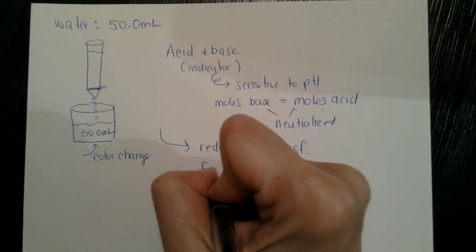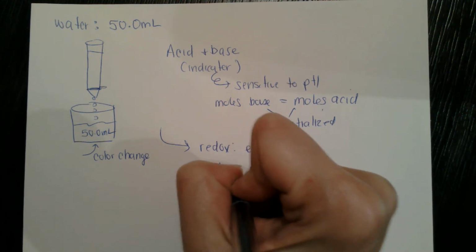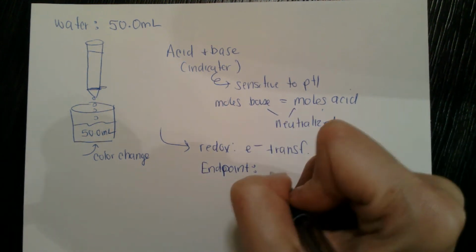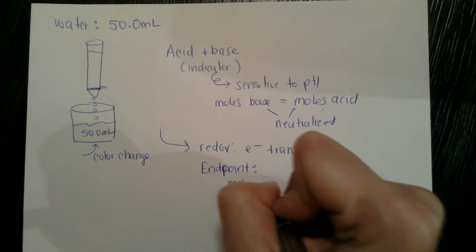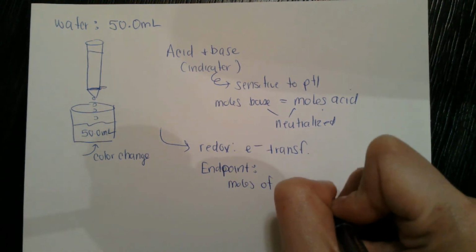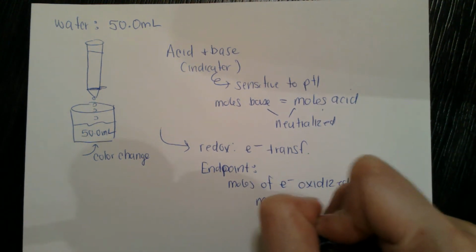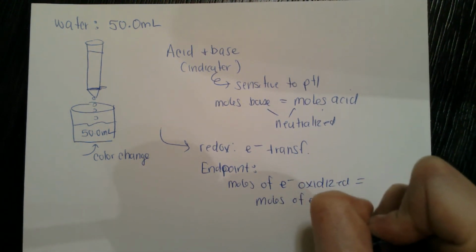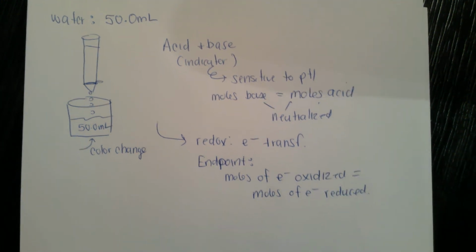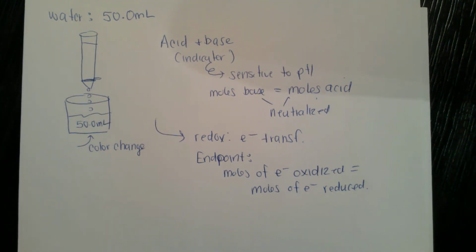So our endpoint is when moles of electrons oxidized equals moles of electrons reduced. When all electrons have left the oxidized species and gone into the reduction and caused that reduction to happen, our endpoint deals in moles of oxidized and moles of reduced.